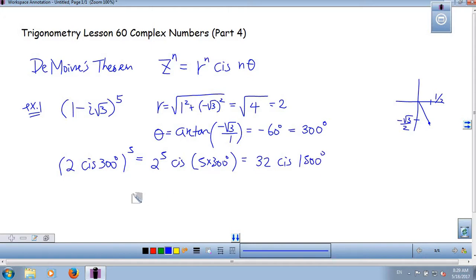We're not going to leave our answer here. We write it in the smallest coterminal angle between 0 and 360 degrees, so we subtract 360 until we get less than 360. It came out to be 60 degrees, so 32 cis 60 is the final answer.